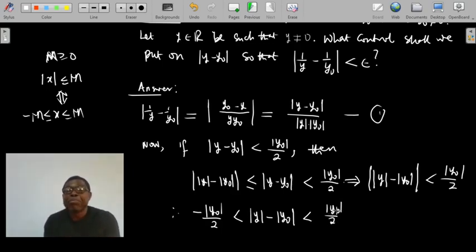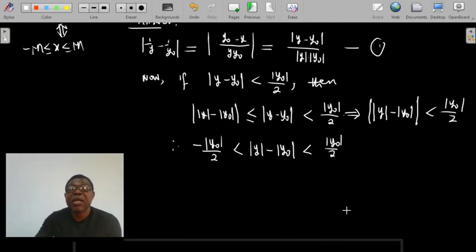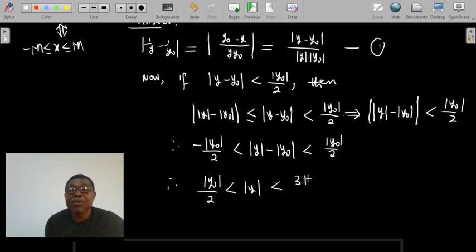Now, having got this, we can add this entity to all sides. If I add absolute value of y naught, this will now become absolute value of y naught over 2 less than absolute value of y, which is less than 3 absolute value of y naught all over 2.